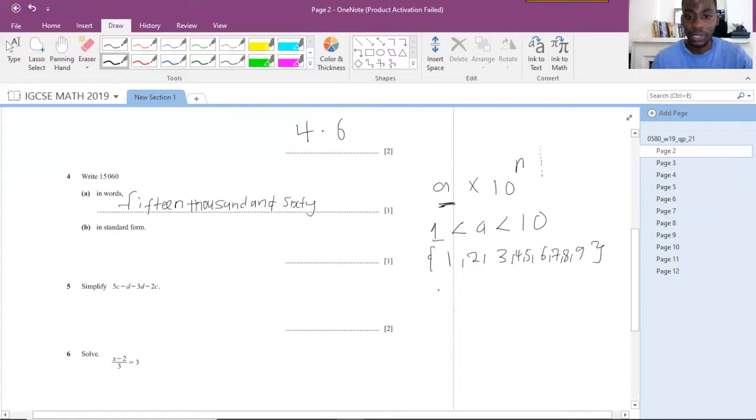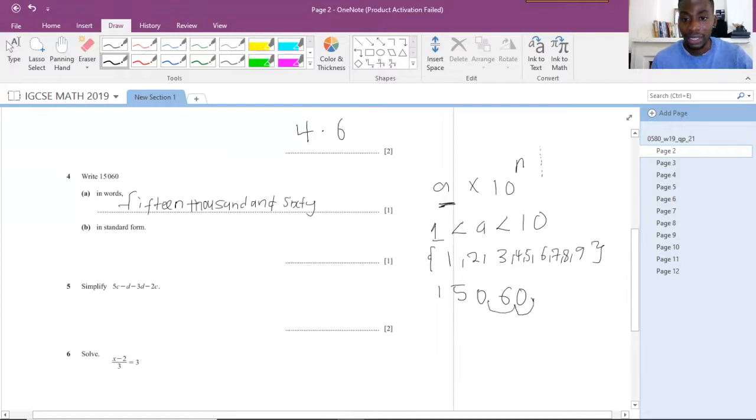So if I want to write this digit in standard form, 15,060, for every whole number, the decimal point will be at the end. And if we move the decimal point like that, this number is big. It has to be within this set.